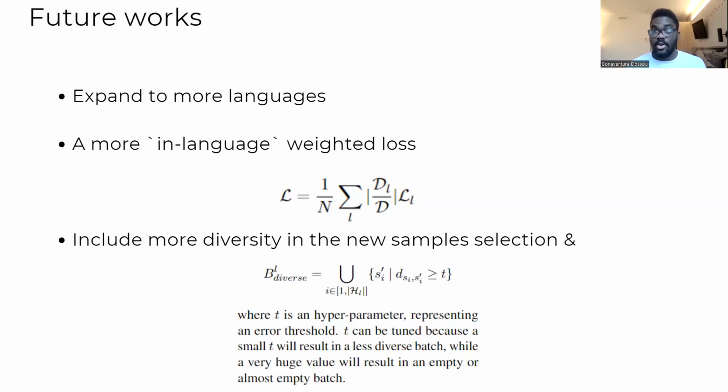We can do either of those. The T here is a threshold: how much are we allowing the sentences to be different from each other? If it's too high, we are technically going to have an empty data set. If it's too low, we are going to have more or less the same samples, so the data set will keep its size, or we just have redundancies.